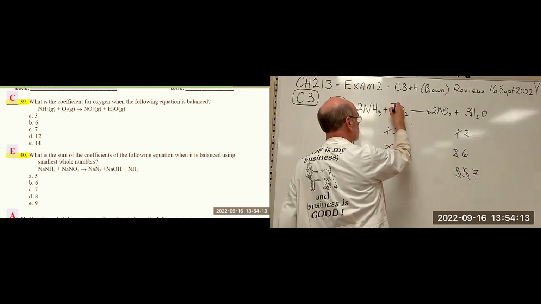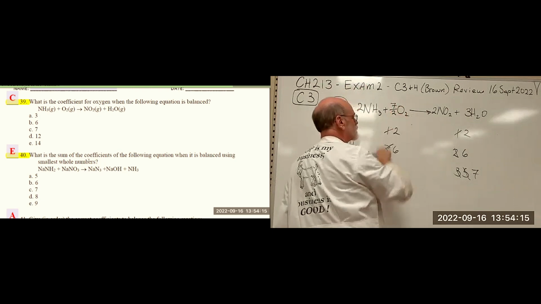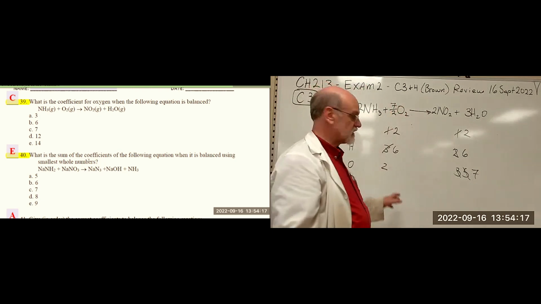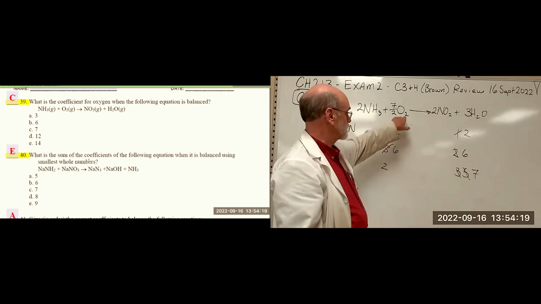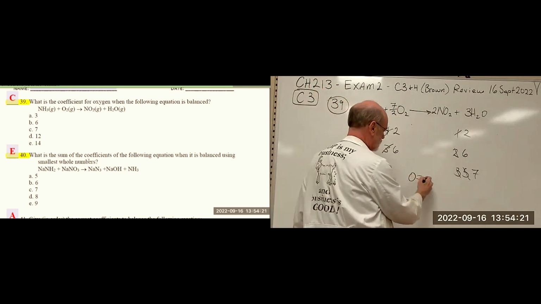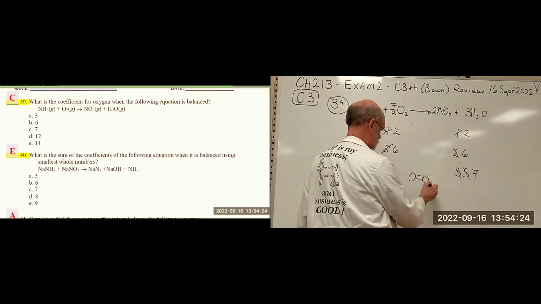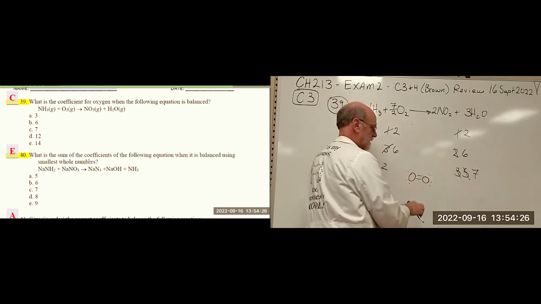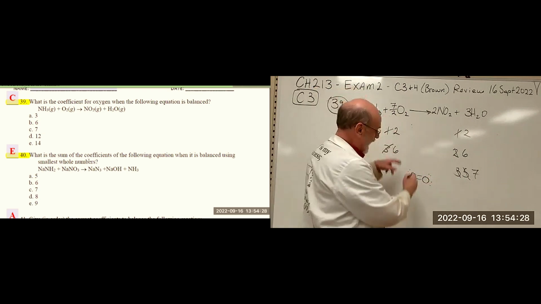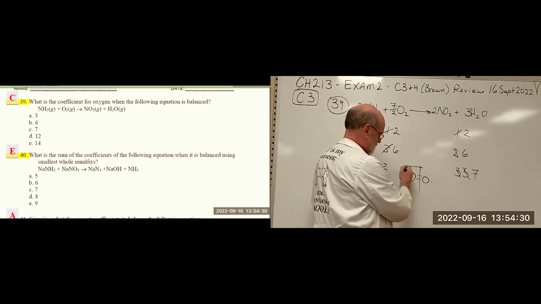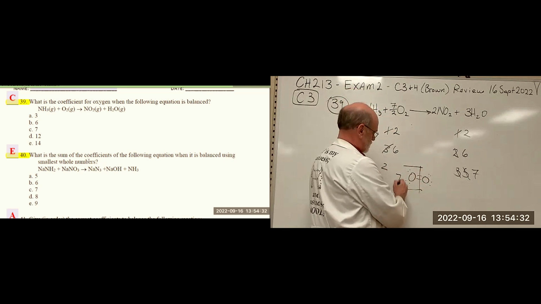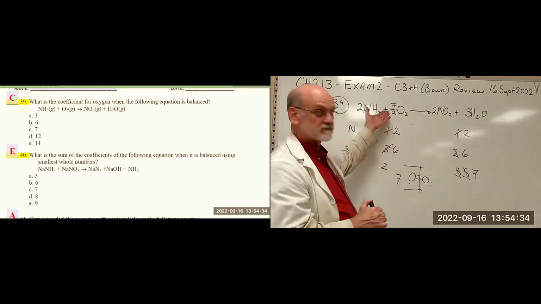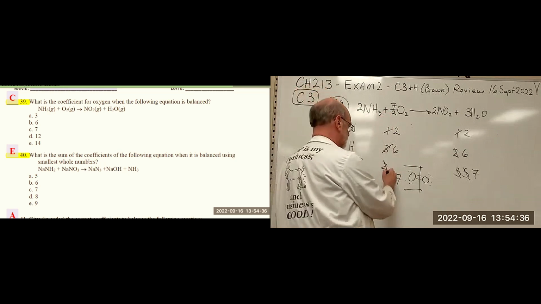If we say 7 halves of O2, that'll give us 7 oxygens, right? Because O2 is like this, and if we take a half of that, times 7, that gives us 7 oxygens.